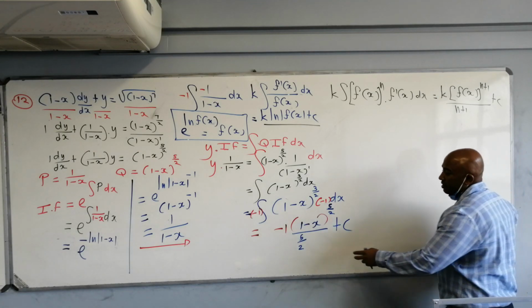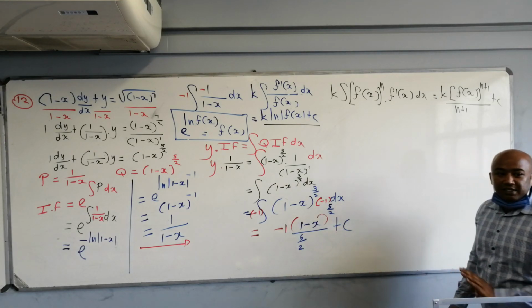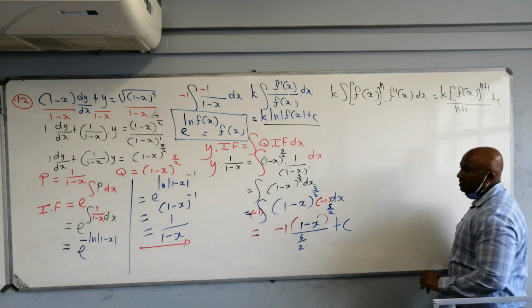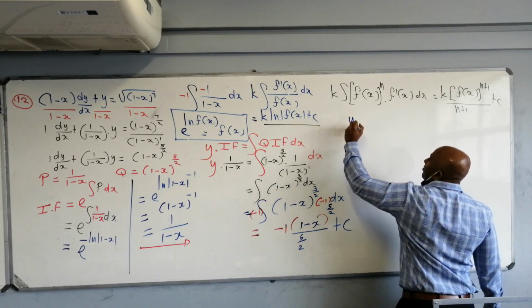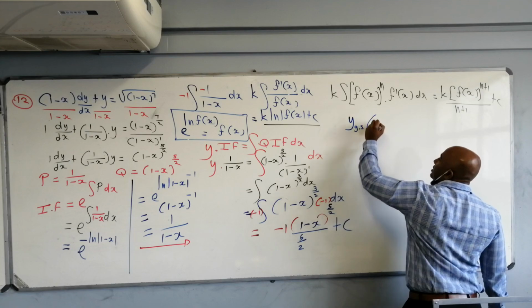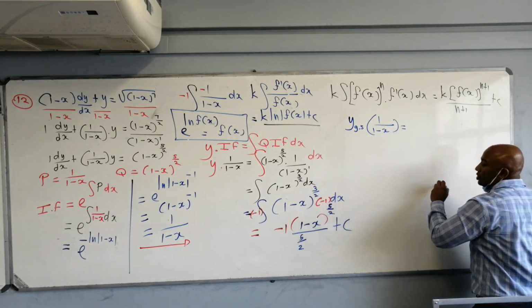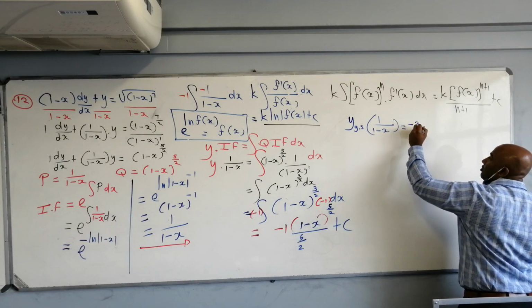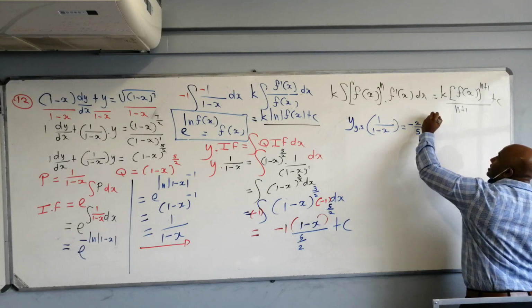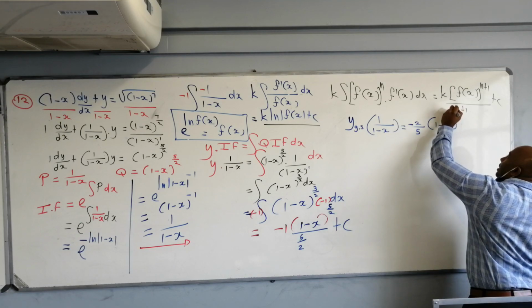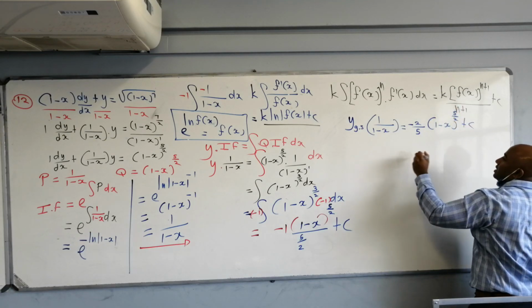Let me just simplify this, but the main job is done. So we got y, this is the general solution, times your 1 minus x, is equal to minus 2 over 5 times (1 minus x) to the power 5 over 2, plus c.